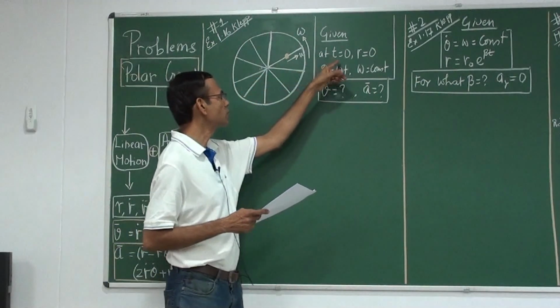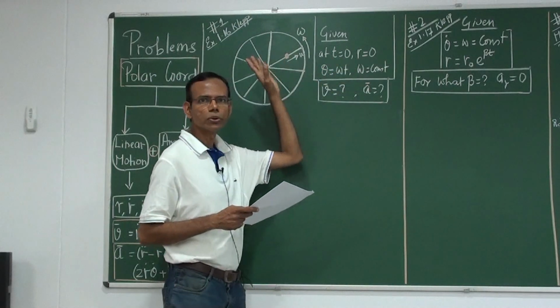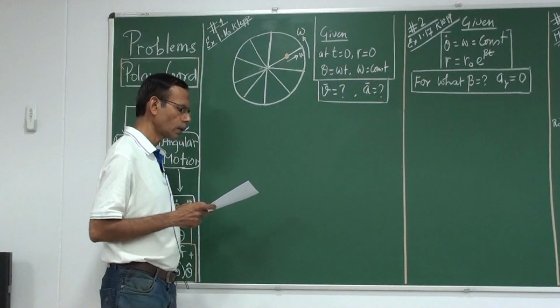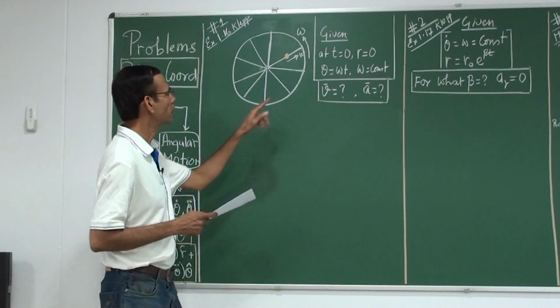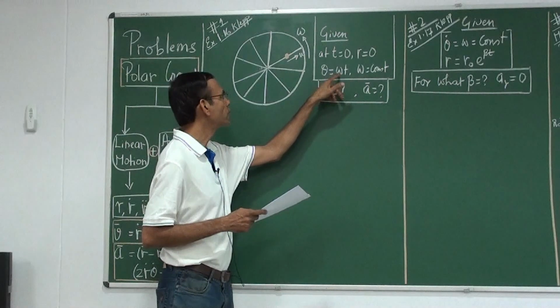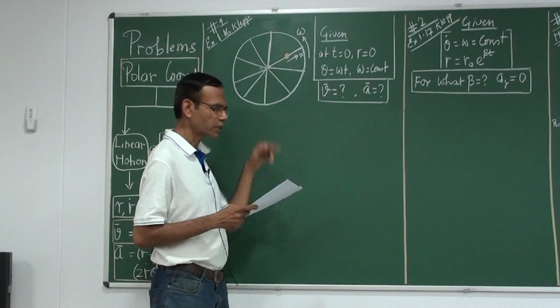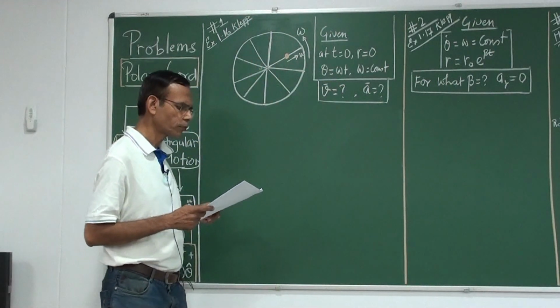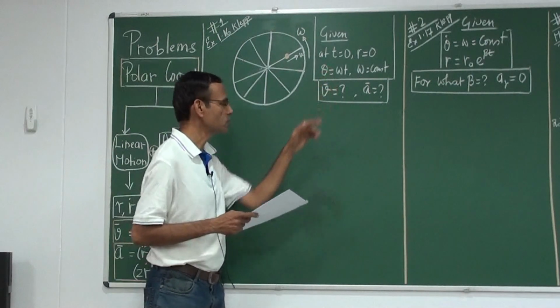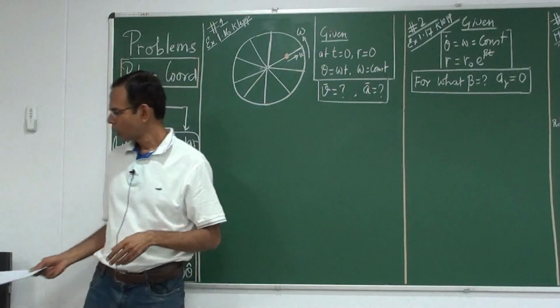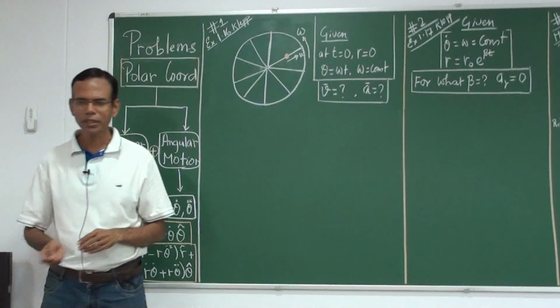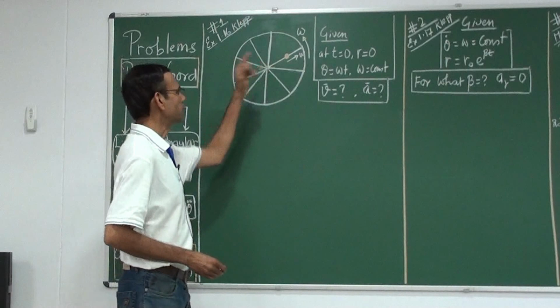So at time t is equal to 0, r is equal to 0. The angular position of the spoke is given by theta is equal to omega t, where omega is constant. Find the velocity and acceleration of the bead.